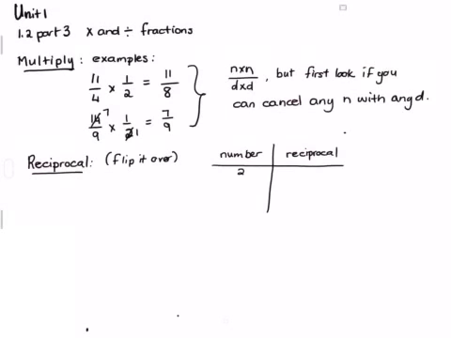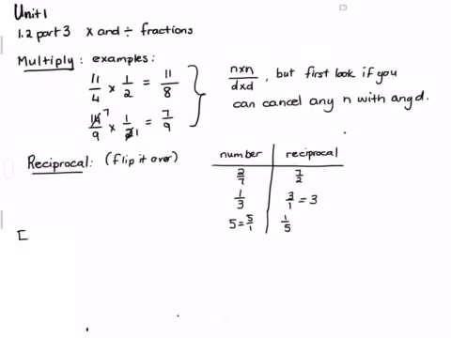So if my number is 2 over 7, the reciprocal will be 7 over 2. If my number is 1 over 3, the reciprocal would be 3 over 1, which really is just 3. If my number is just a 5, then I have to realize it means 5 over 1, so that I can find the reciprocal, which is 1 over 5.